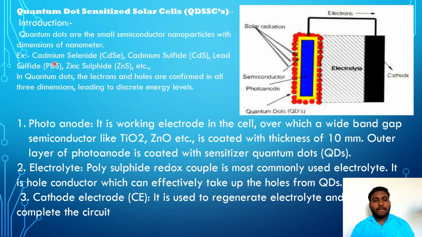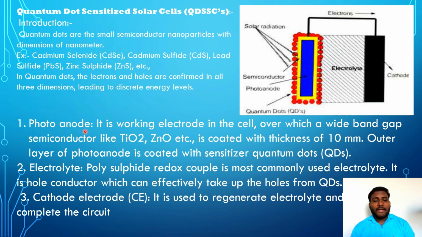Examples: cadmium selenide, CdSe, cadmium sulfide, CdS, lead sulfide, PbS, zinc sulfide, ZnS, etc. In quantum dots, electrons and holes are confined in all three dimensions, leading to discrete energy levels.